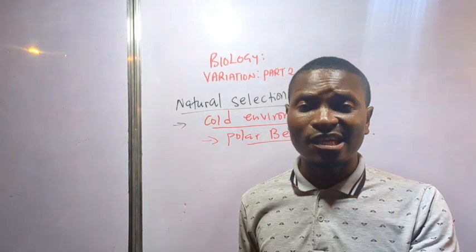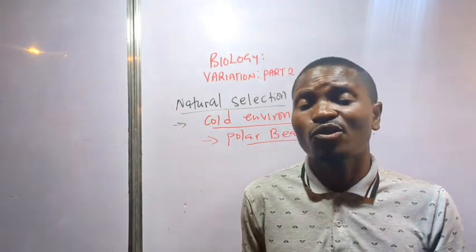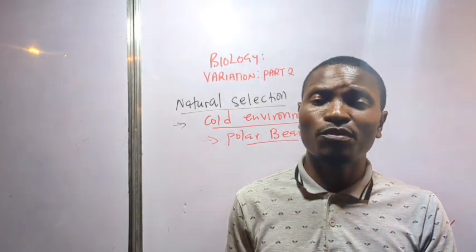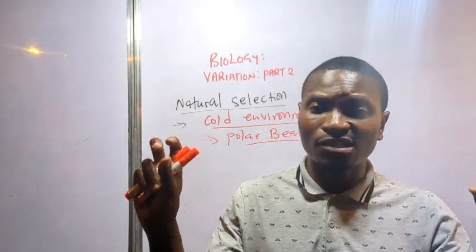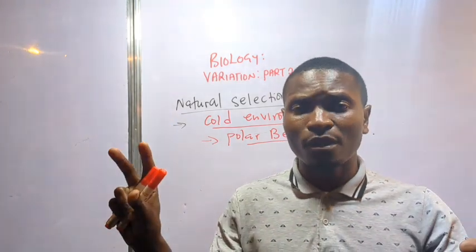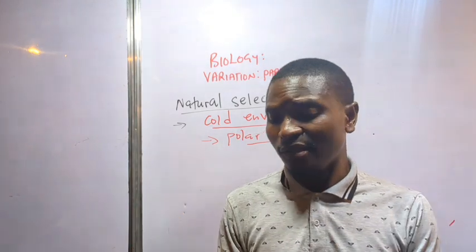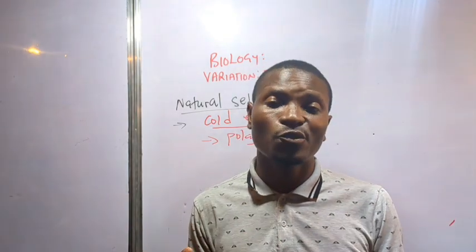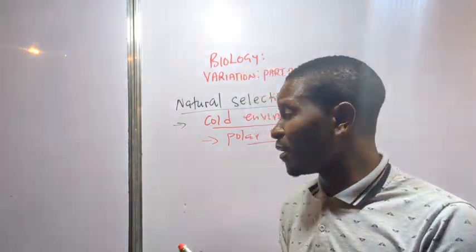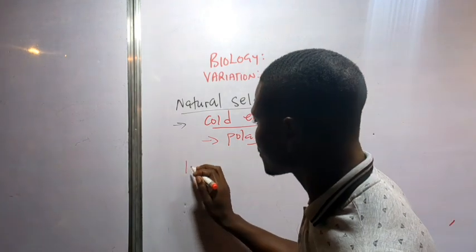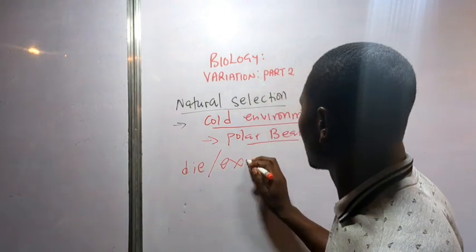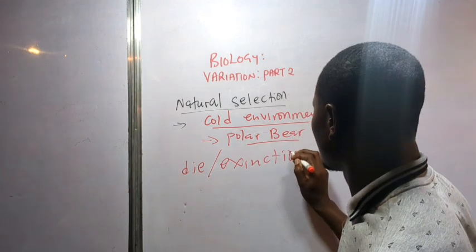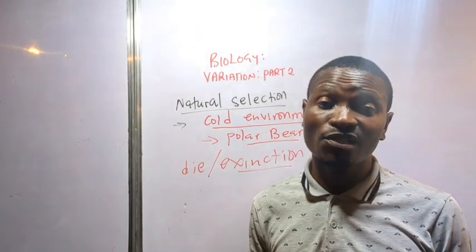So nature is not going to allow us to survive that harsh environment. It implies that if we human beings were taken to such an environment, we are going to die, or rather go extinct. We are going to undergo what is called extinction.